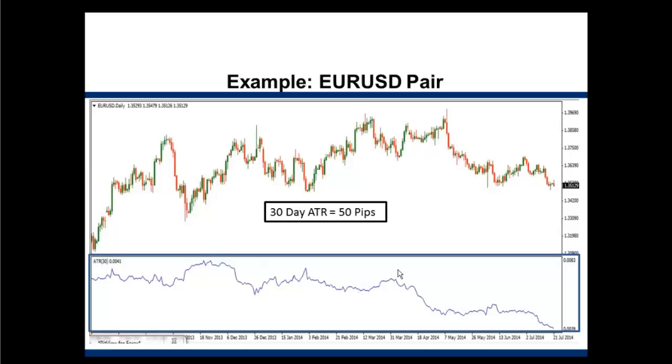Because once it exerts that range, that's when things tend to reverse each day. So the 30-day ATR, as of right now, or the previous day's close on this PowerPoint, stood at right about 50 pips on the Euro-dollar pair, meaning in any given 24-hour period from 5 p.m. Eastern to 5 p.m. Eastern, the Euro-dollar moves approximately 50 pips on average.